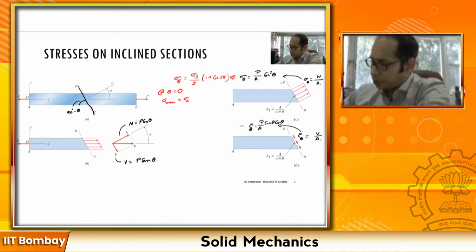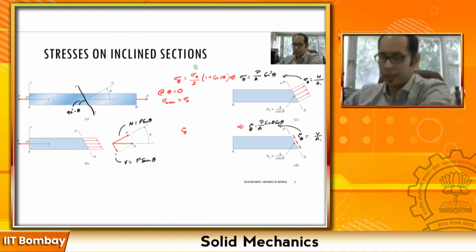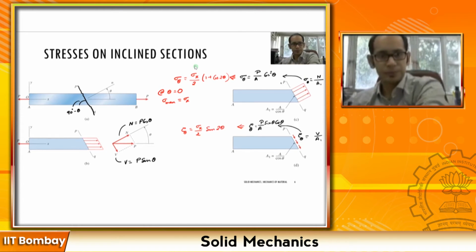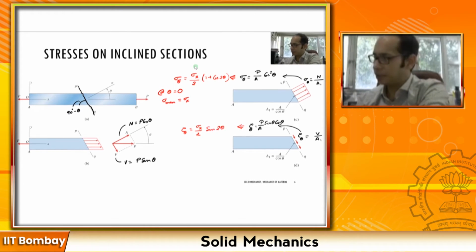So if I simplify this as I did previously, my tau of theta becomes equal to sigma x over 2 sine of 2 theta, right?